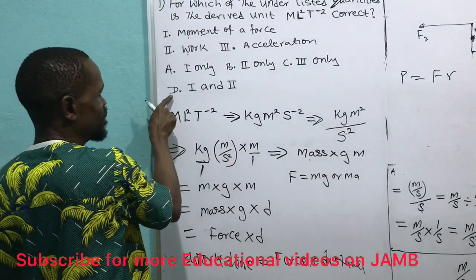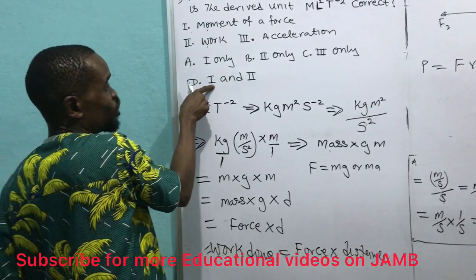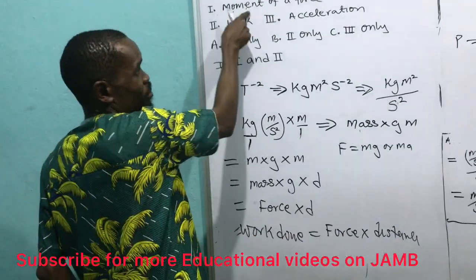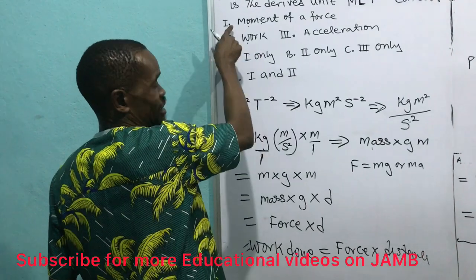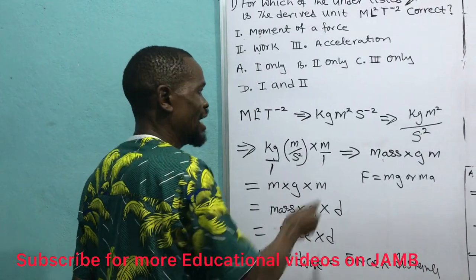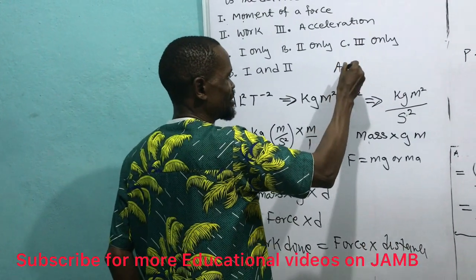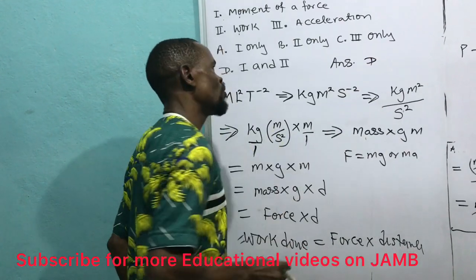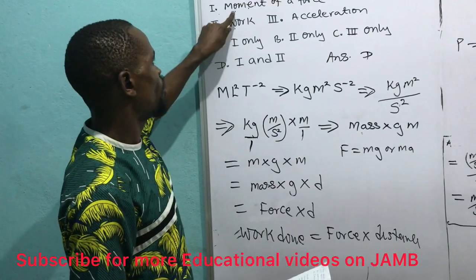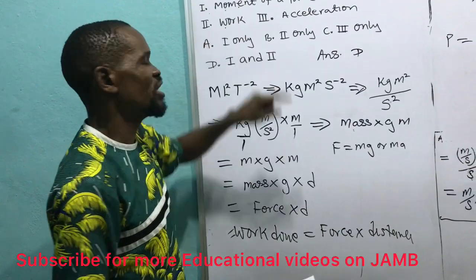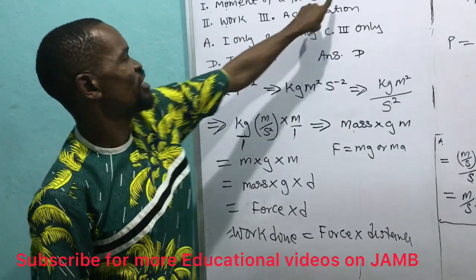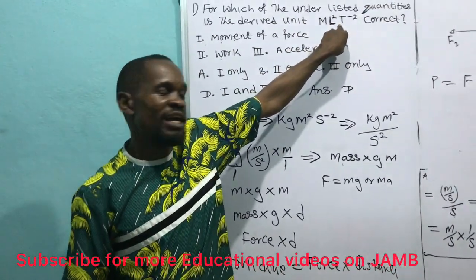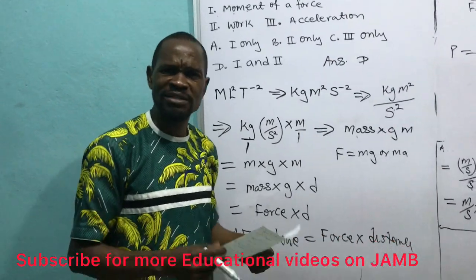Looking at it, option D, which is I, moment of a force, and work done, is our answer. These two will have the same dimension. I think we are clear from this now.